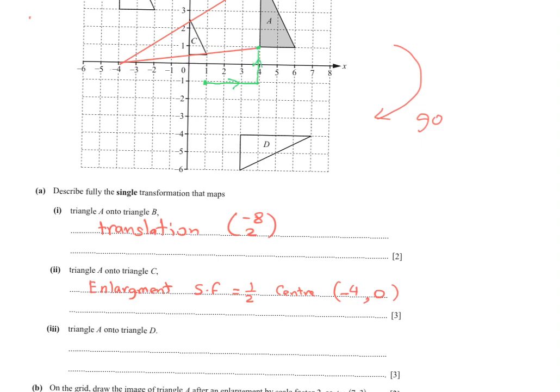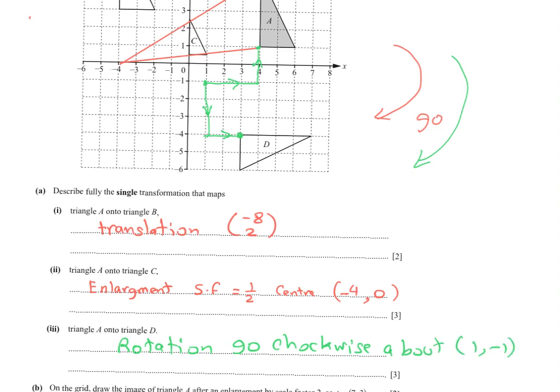If you rotate 90 clockwise, this becomes 3 down and 2 to the right to get the same point. So it does work, and the center is 1, negative 1. So from A to D, it is a rotation of 90 clockwise about the center of rotation 1, negative 1.